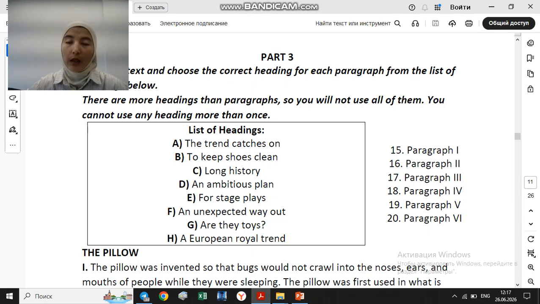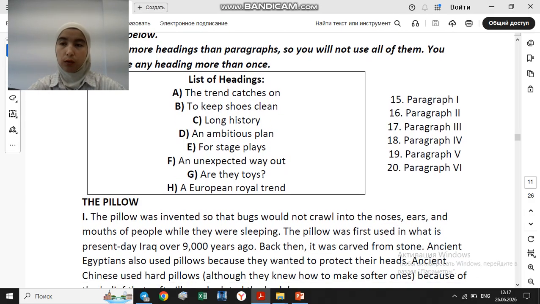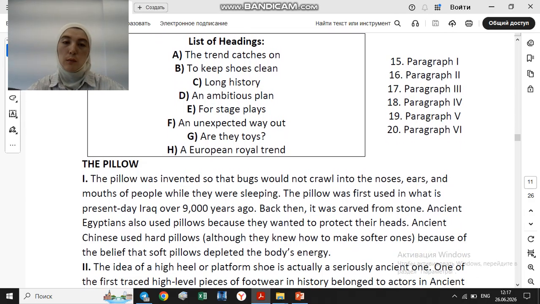Okay. So if you are asked to find a list of headings for the paragraphs below, you have to first analyze the questions, the list of headings. There are two or three, sometimes one extra heading. Have a look now.